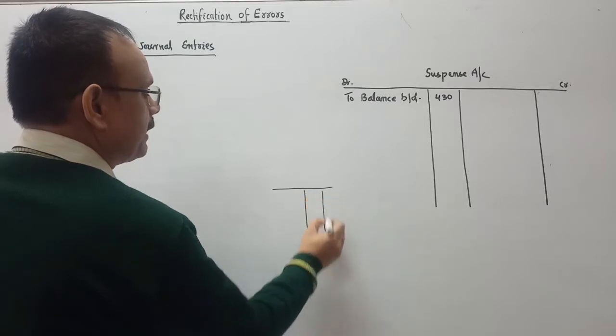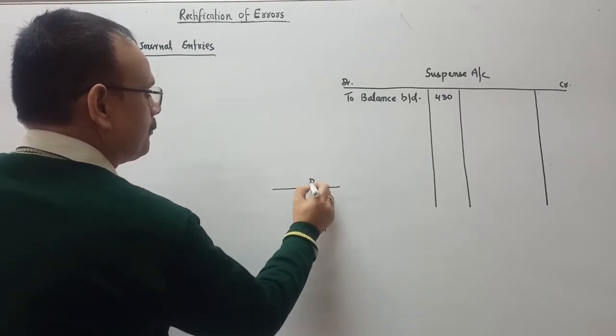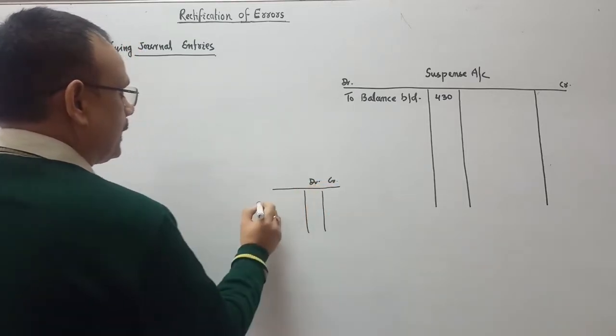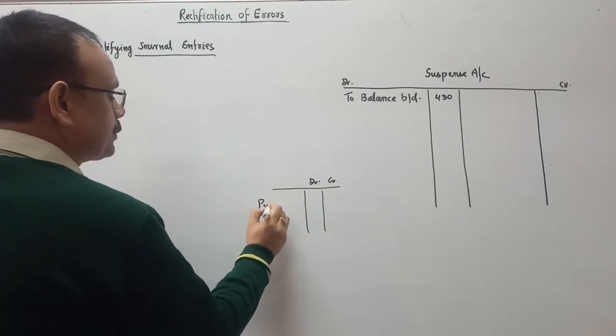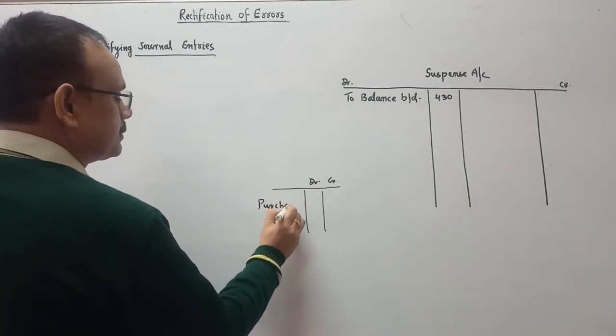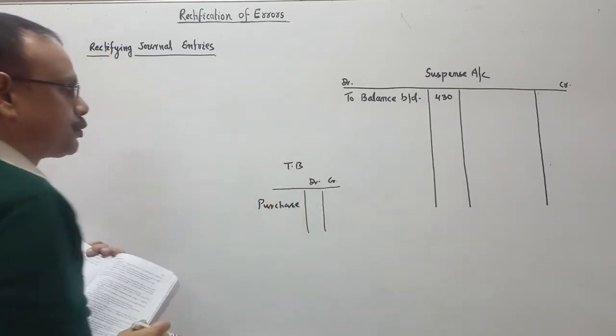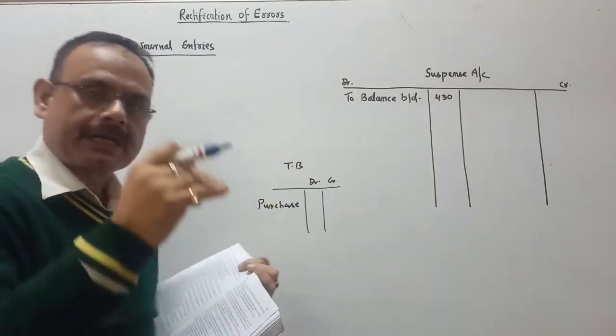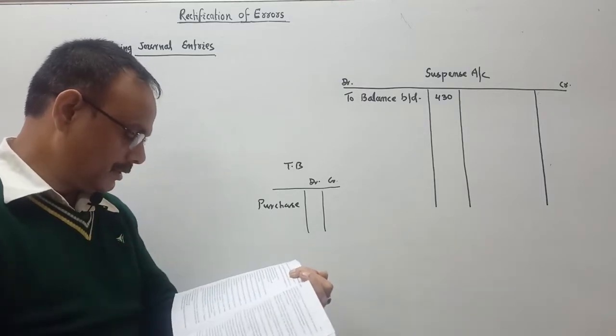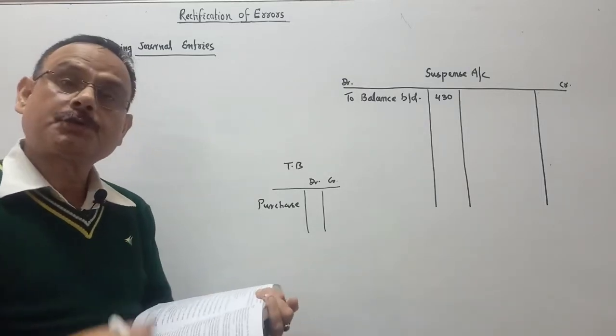You see in the trial balance what will be the effect? This is the trial balance. The total of the purchase book is transferred to purchase account.